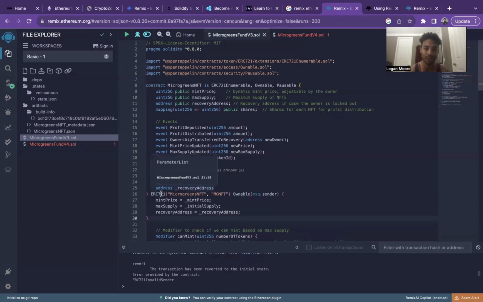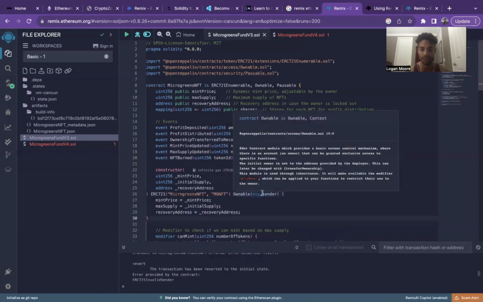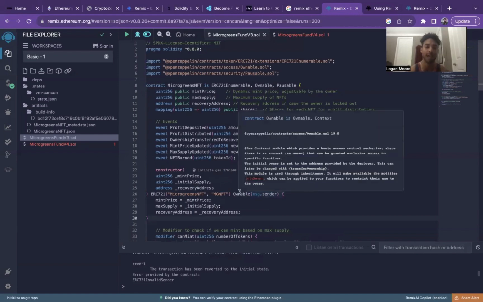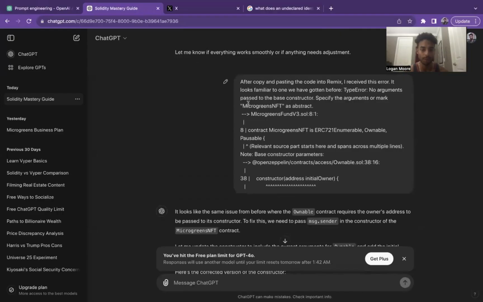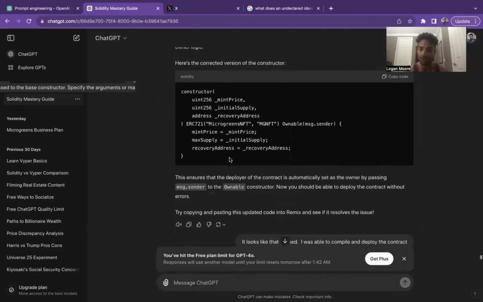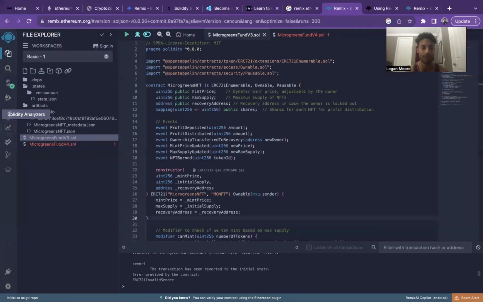Originally, we just had ERC721 MicrogreensNFT and then the symbol. ChatGPT had us add this portion in, which is the Ownable(msg.sender). This specifies that the owner is set to the one deploying the contract. We pretty much just copied and pasted the error, and it gave us a solution. Simple fix, and then we went to testing out the contract.